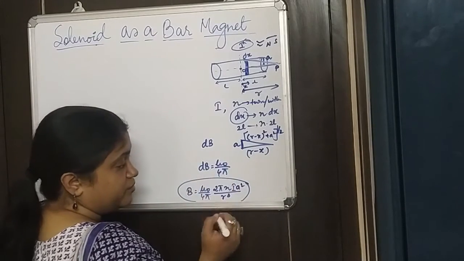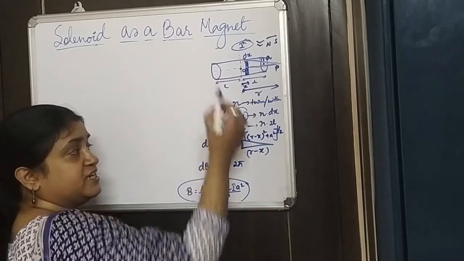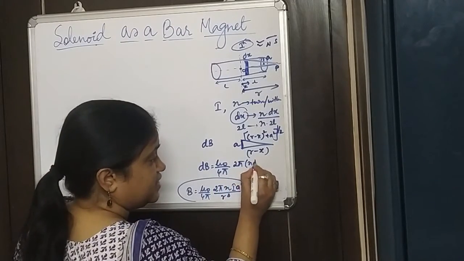So here, mu naught by 4 pi, 2 pi, and n for dx is nothing but n dx, so we write n dx.